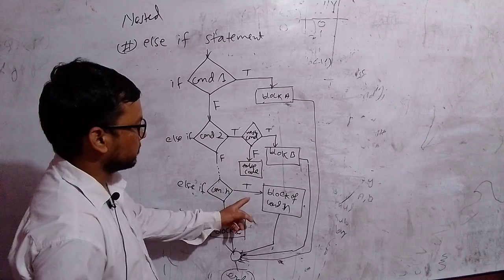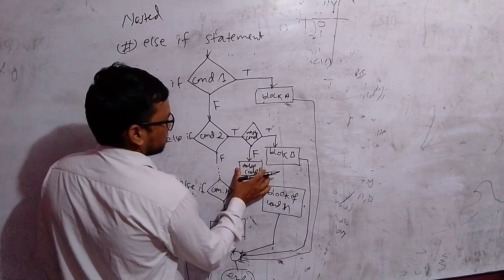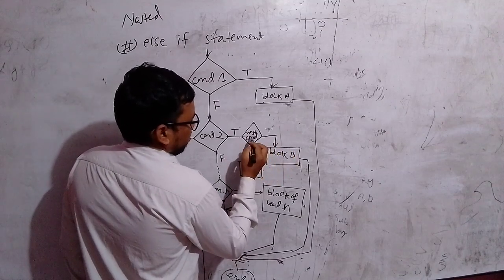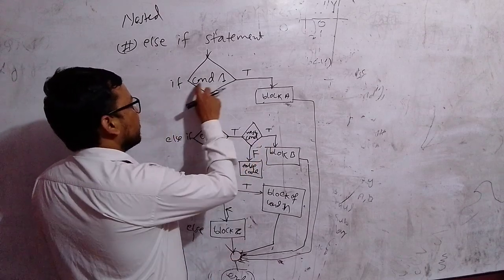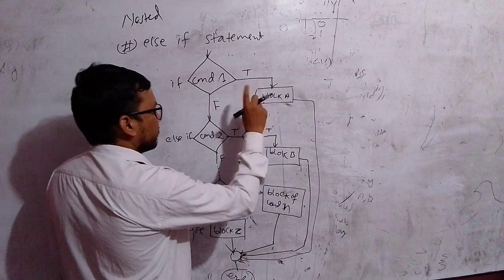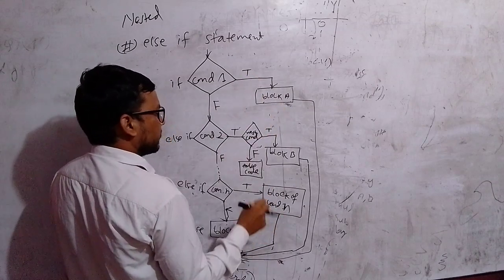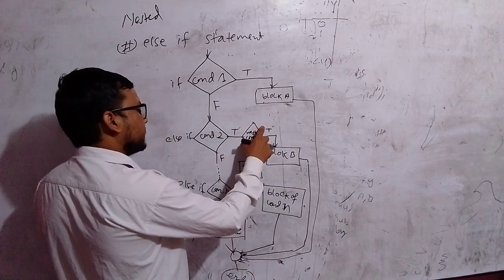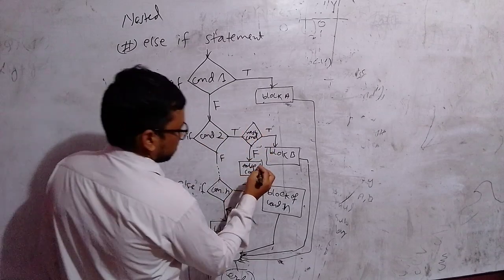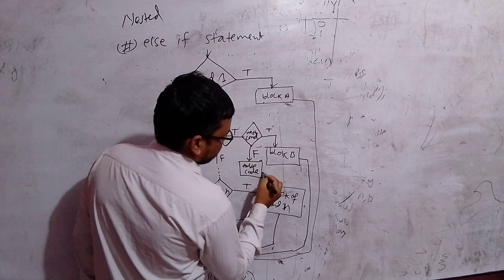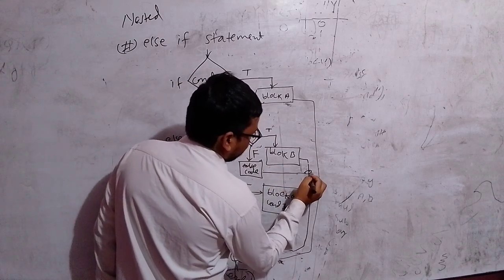In this way, we can append also here. We can also write conditions here. If the else if condition again contains an if condition or else condition or else if condition, then it is called nested. It belongs to another else if condition, and it goes to here. We can append a connector here also.